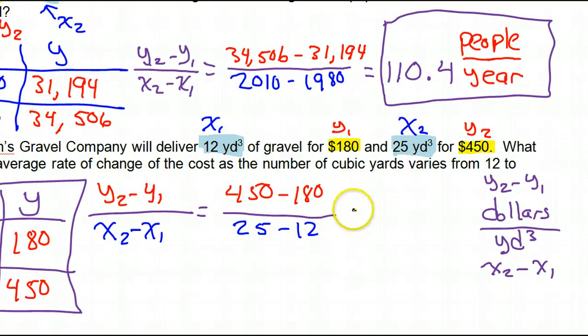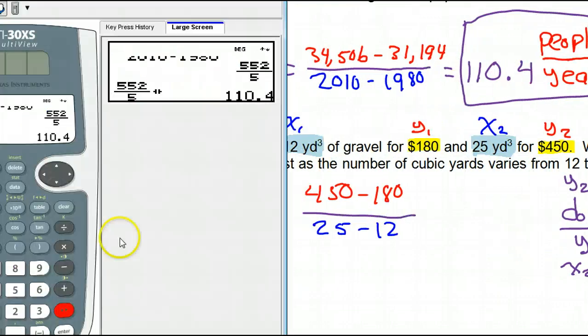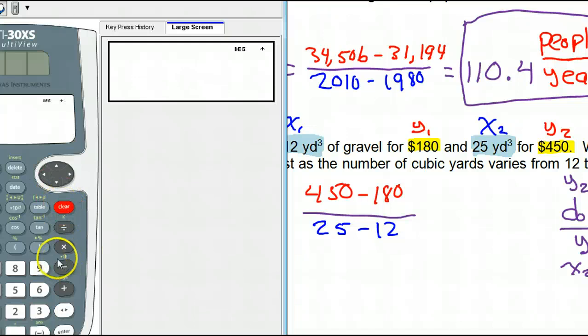Okay, so let's go ahead and calculate this out, but whatever we get, don't forget to include the units. I would like to do all this on my calculator if you don't mind. Hit your fraction button, and then let's do 450 minus 180 over 25 minus 12.